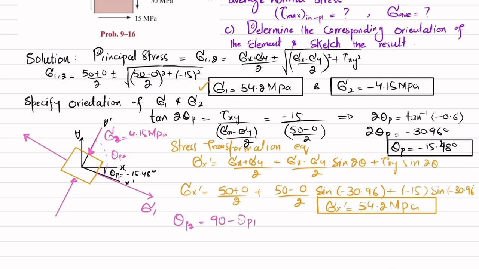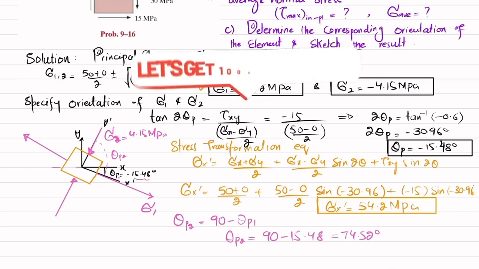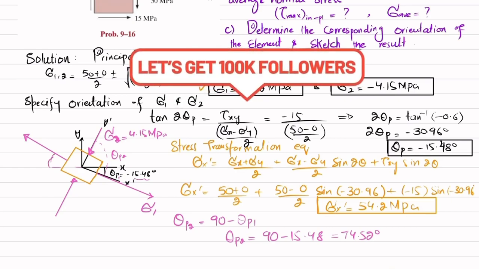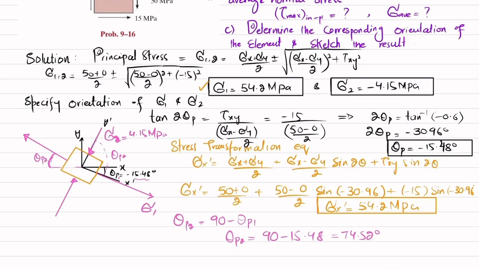So you can see that this theta p1 is clockwise, so I will write theta p2 is equal to 90 minus 15.48, that will give you 74.52 degree counterclockwise. So if you rotate it counterclockwise, you can also say that this is theta p2. So this will give you the same principal stresses.